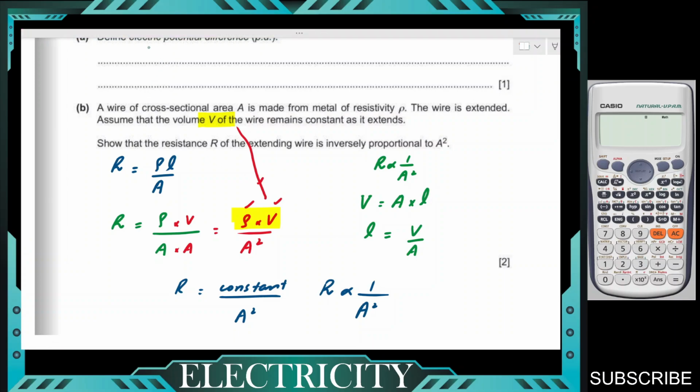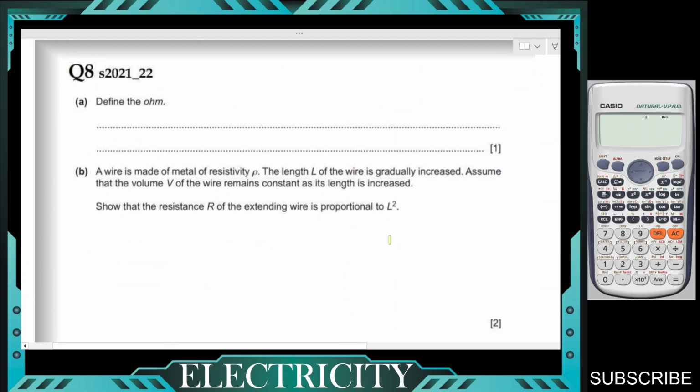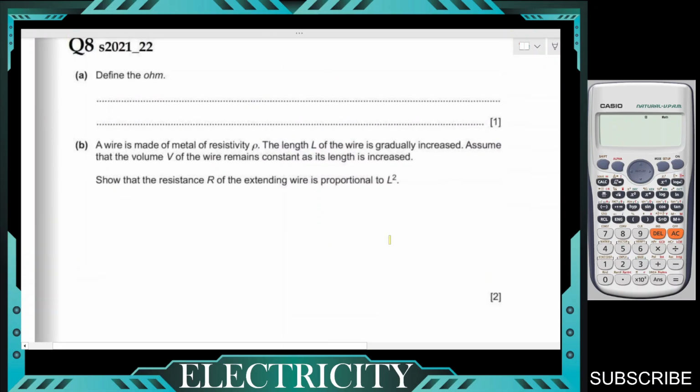And keep in your mind, when the command word of the question is show that, you have to show all the steps, you have to show the working, you have to show when you change the subject of the equation. So you have to show the constant, and this formula, each and everything. So the second question is pretty much the same.